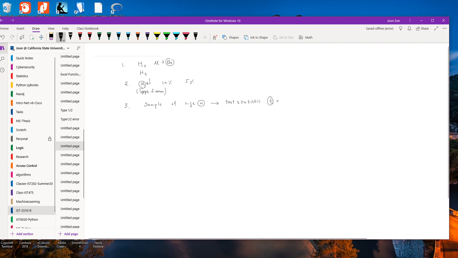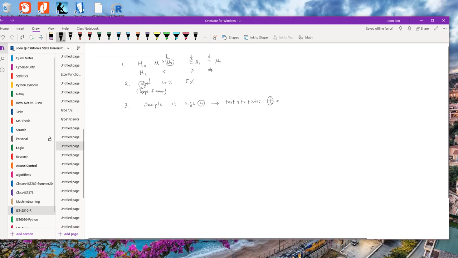In the upper tail case, it's less than or equal, and for the two tail test it's equal. The alternative hypothesis is less than, greater than, and not equal, for the lower tail, upper tail, and two tail. But anyway, for each case, you have a mu naught.